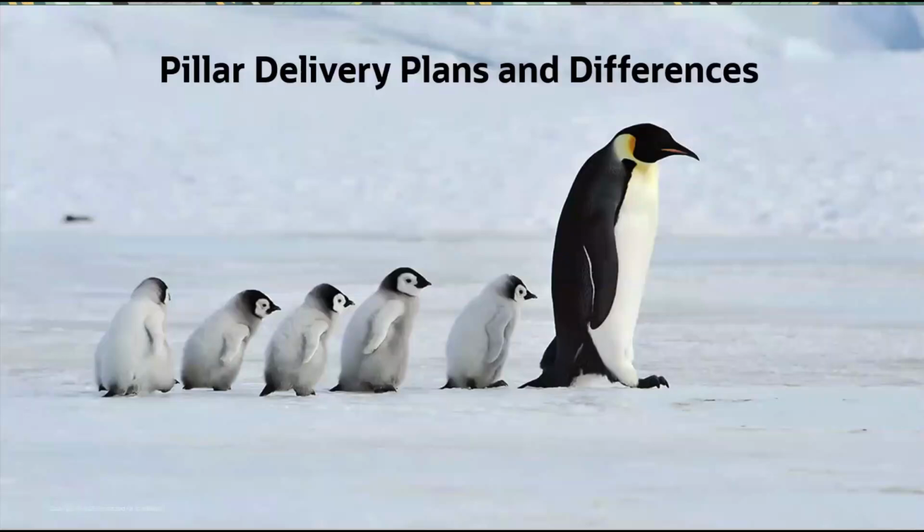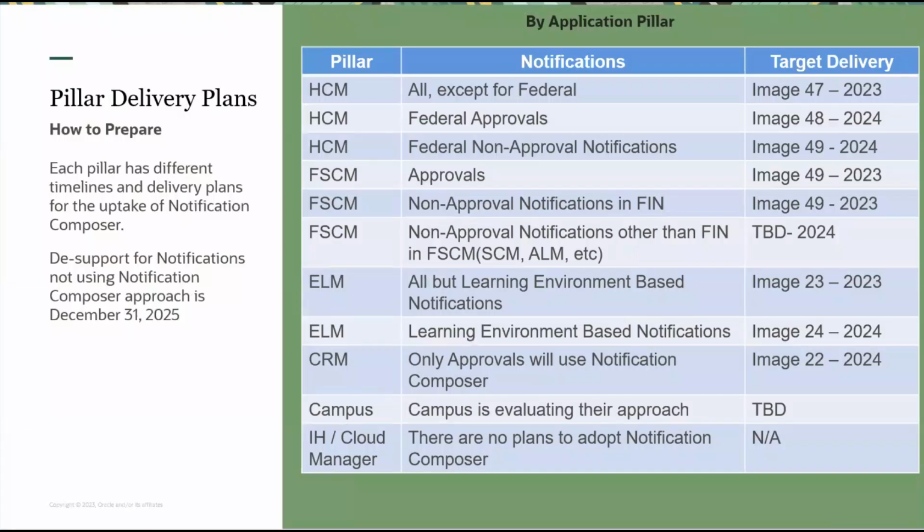Okay, let's get on to pillar delivery plans and differences. All right, so I thought it was important to say where and in which image Notification Composer uptake was completed. In many cases, it went over multiple images. So for HCM, our first one was image 47, and it was everything except for federal related notifications.